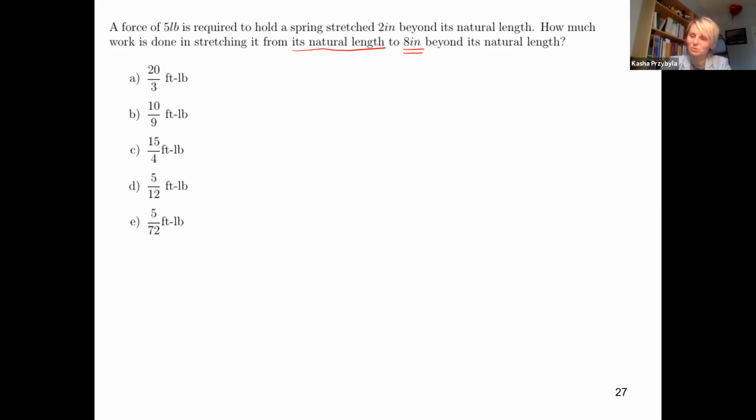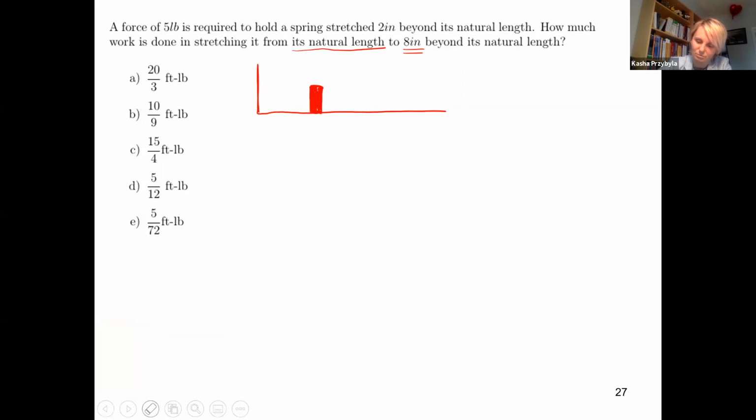Okay, so we can imagine, let's say, a wall, a ground, a spring, and some weight. Actually, this weight should be maybe touching the ground, right?